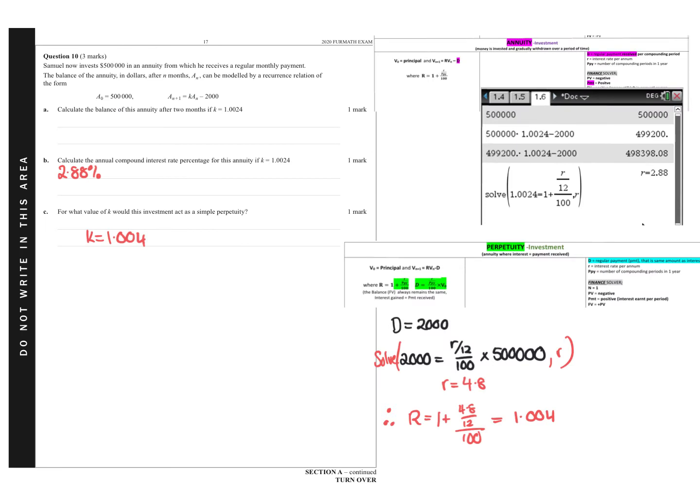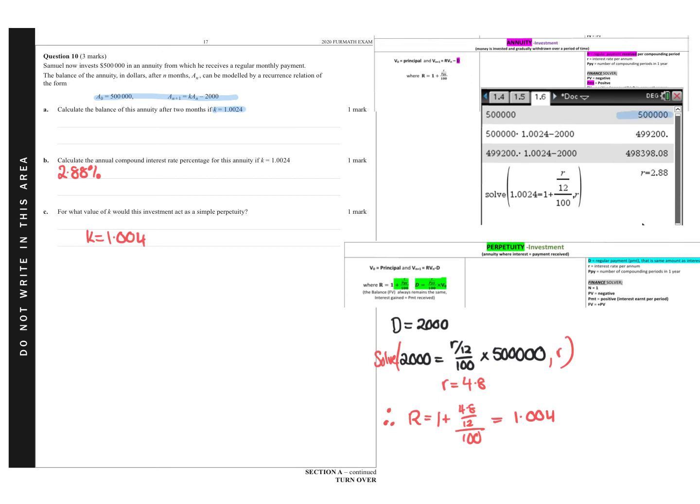Okay, question 10. Samuel now invests 500,000 in an annuity. He receives regular monthly payments, and the balance of the annuity in dollars after n months can be modelled by this recurrence relation. Calculate the balance in the annuity after 2 months if K equals that. So I just did the same recursion thing in our calculator.